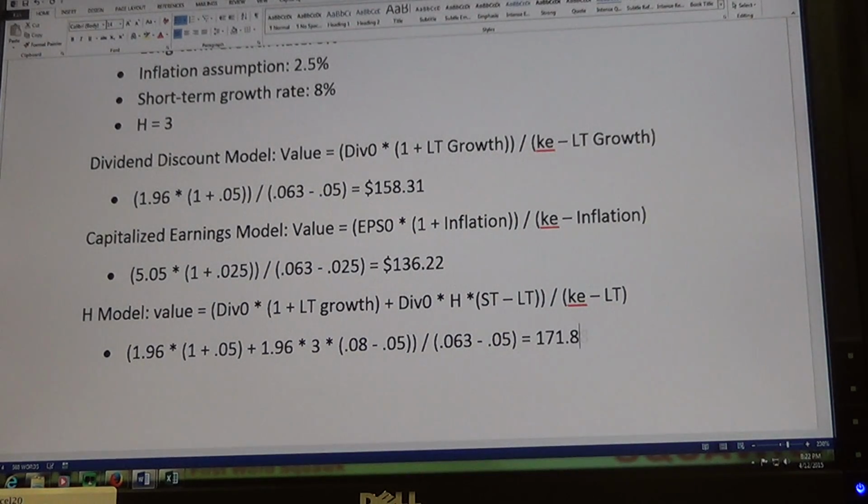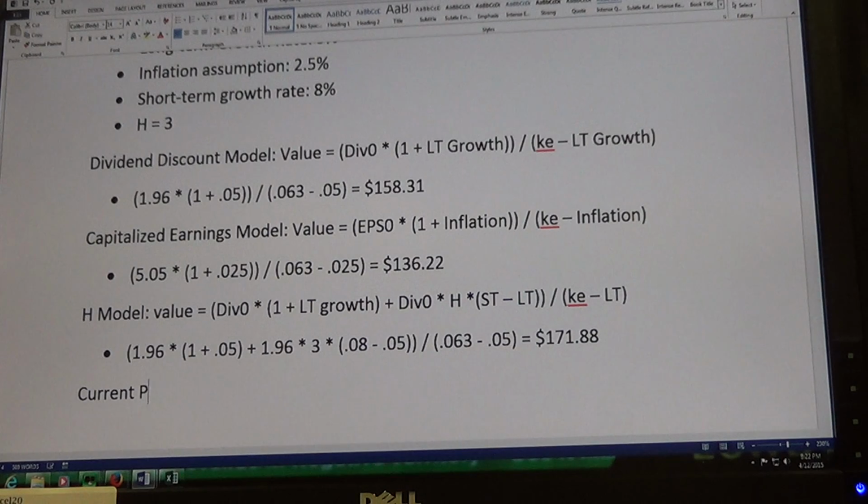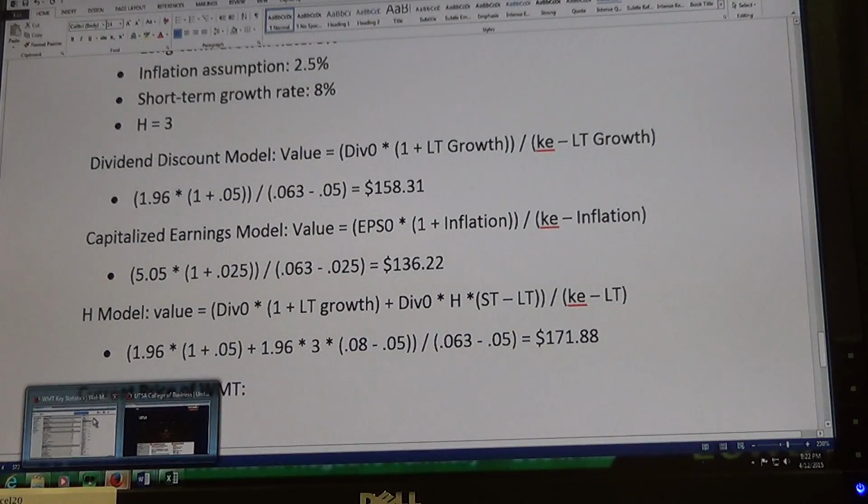So you could look at the average of those three, or just look at the range. Maybe one's your base case, the one in the middle, and your worst case is the one at the end. But you compare that to the current price of Walmart, which obviously is much lower than that right now.